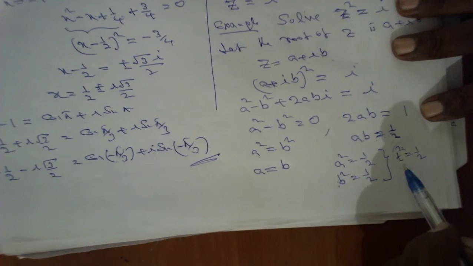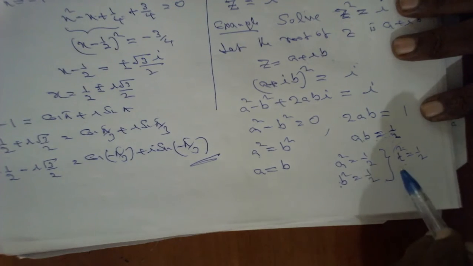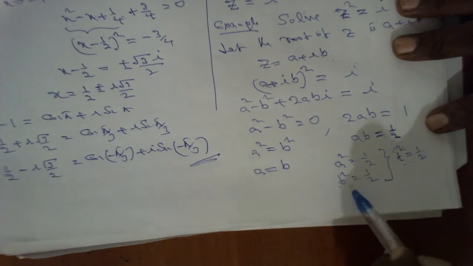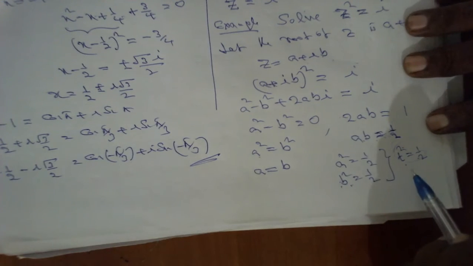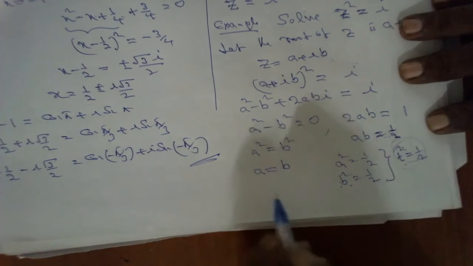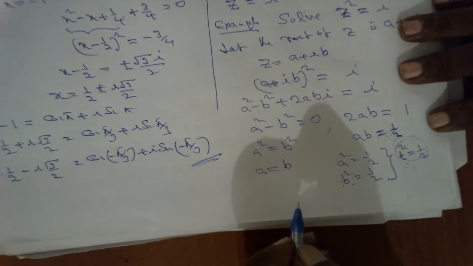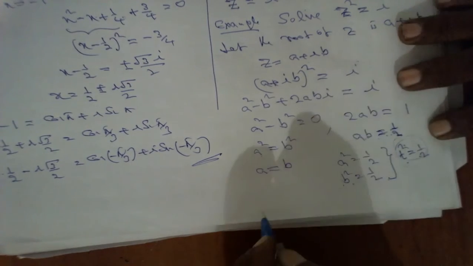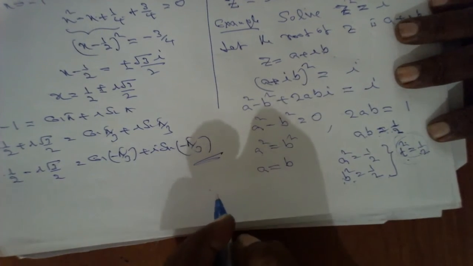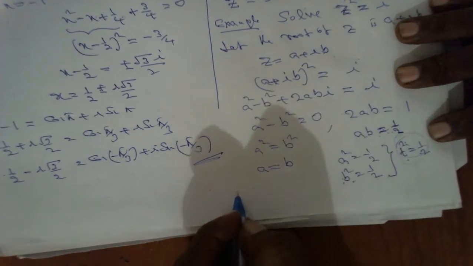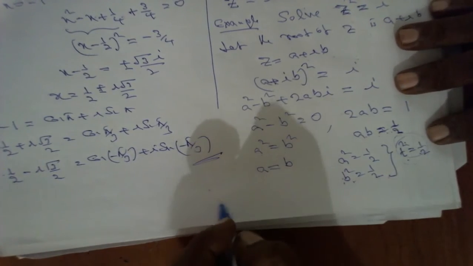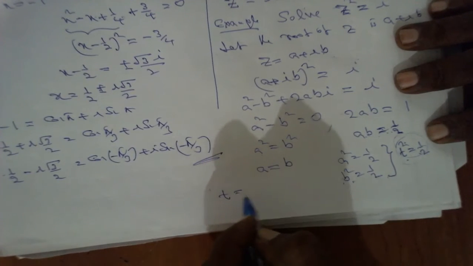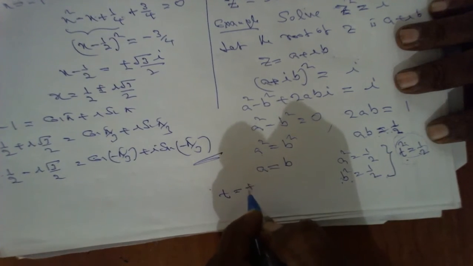Right? a is satisfied by this equation, b also satisfied by this equation. Therefore a and b are roots of this equation, then t equals plus or minus 1 over root 2.